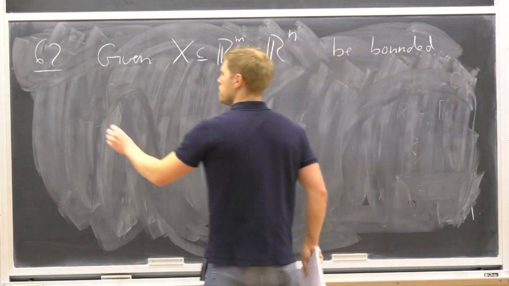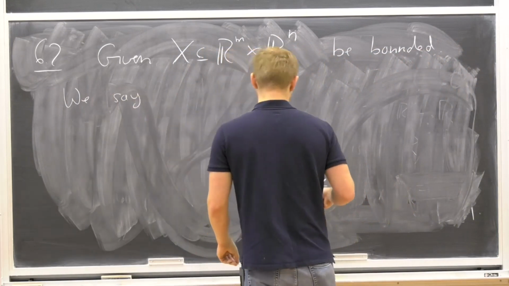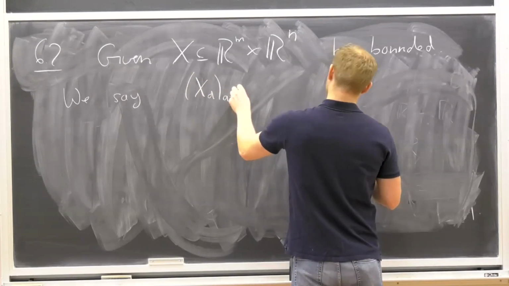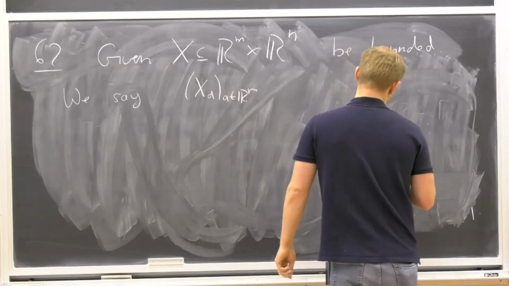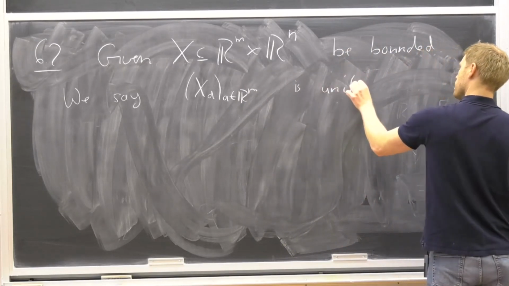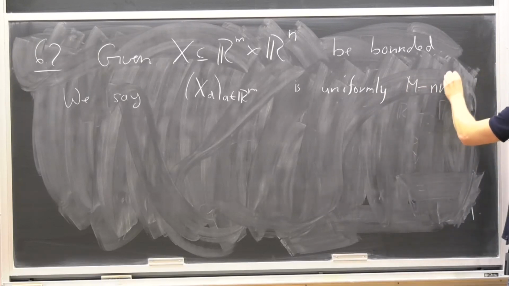And now we say this family is uniformly Minkowski null, so it uniformly has Minkowski dimension 0.